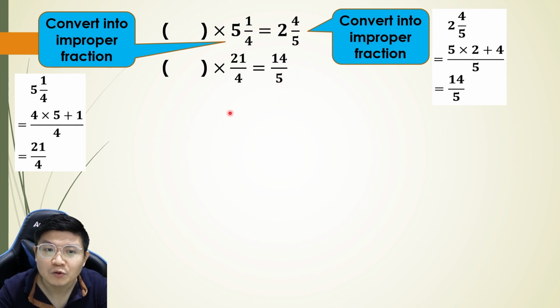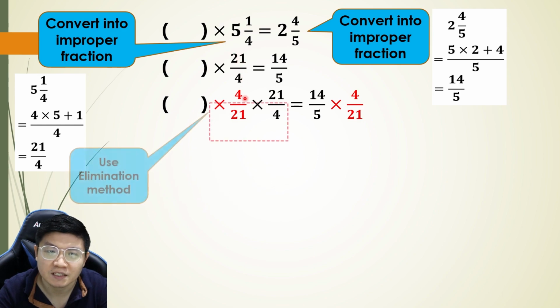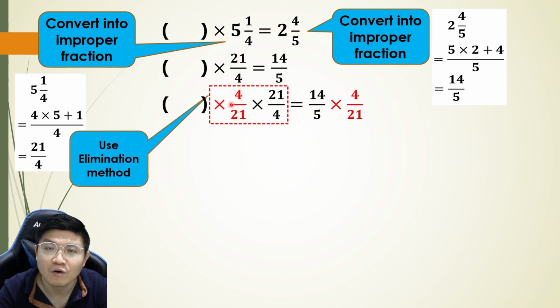Now, I want to eliminate this thing, right? 21 over 4. So you should multiply something that is the reverse of it if you want to eliminate it. Now you can see 4 over 21. I multiply something reverse of it.